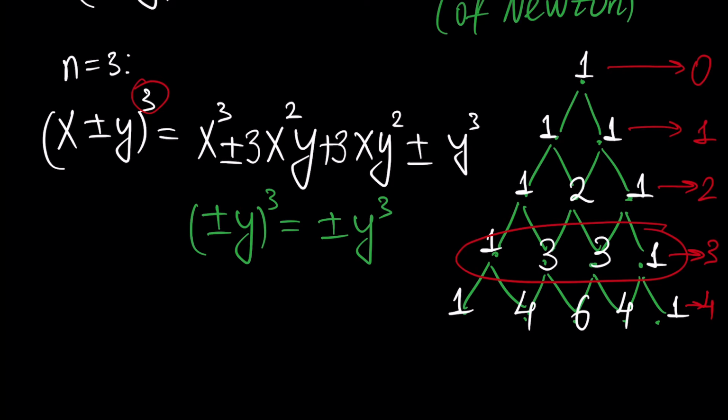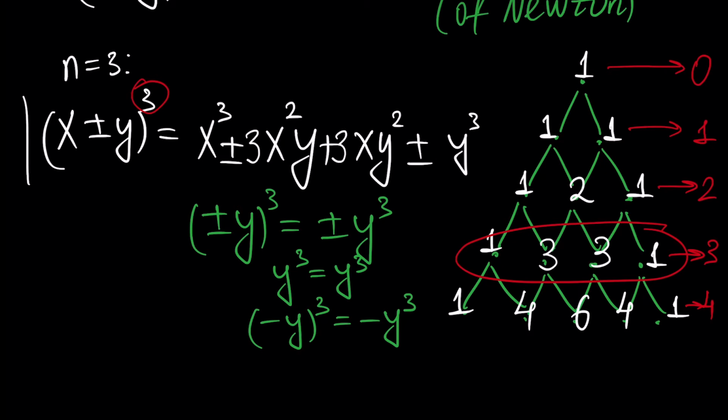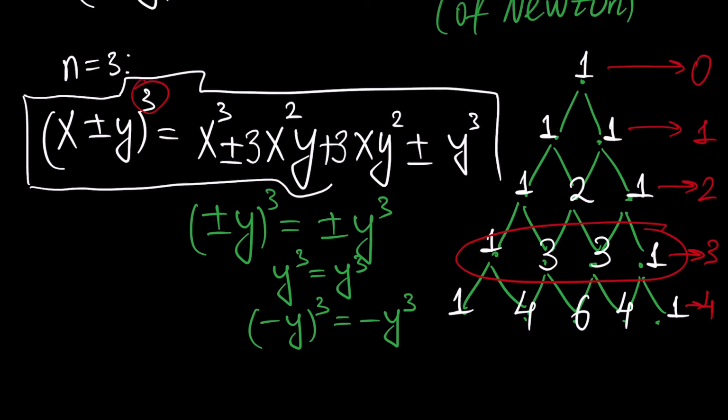This is obvious because y to the power 3 is equal to y to the power 3, and minus y to the power 3 is equal to minus y to the power 3. So it was the binomial theorem for the case when the power is equal to 3.